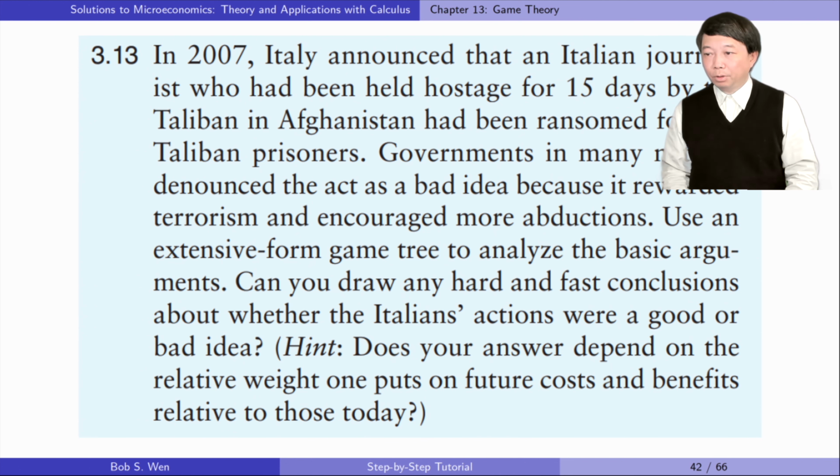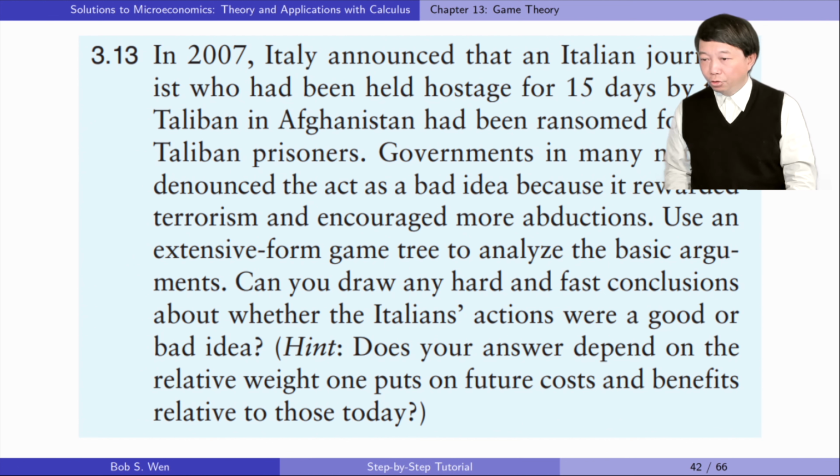Let's go to exercise 3.13. In 2007, Italy announced that an Italian journalist who had been held hostage for 17 days by the Taliban in Afghanistan had been ransomed for 5 Taliban prisoners.